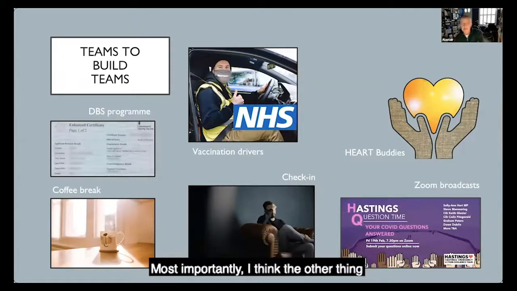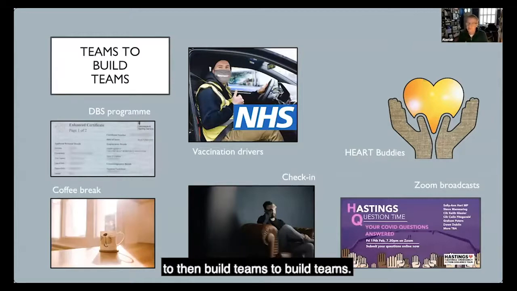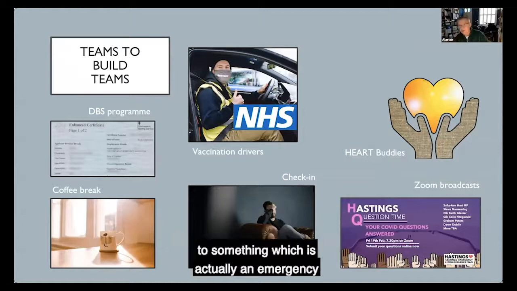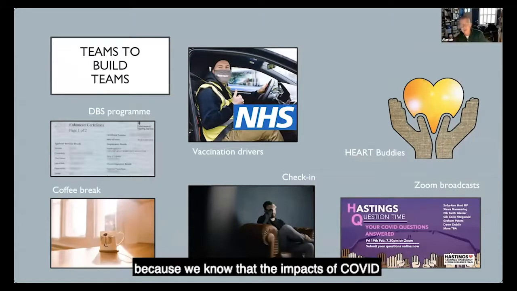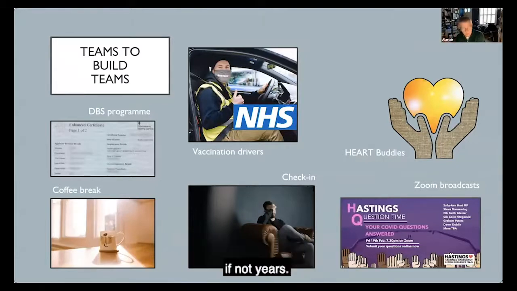Most importantly, I think the other thing that has done in terms of being able to recruit and manage the volunteers is that it's actually given us the opportunity to build teams. This has been really important to take us on to the next stage, because as I said, the organization changed from becoming an emergency action response team to something which is actually an emergency action resilience team, because we know that the impacts of COVID are going to be felt for many, many months to come, if not years.